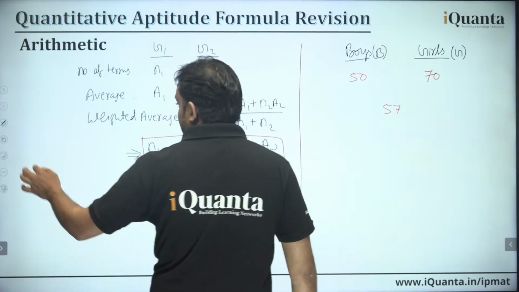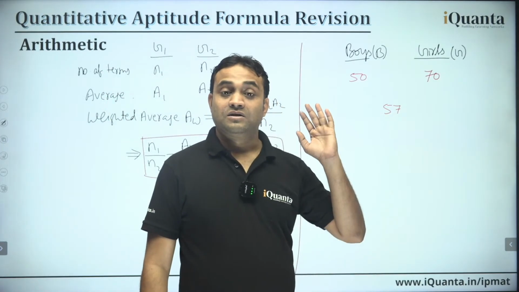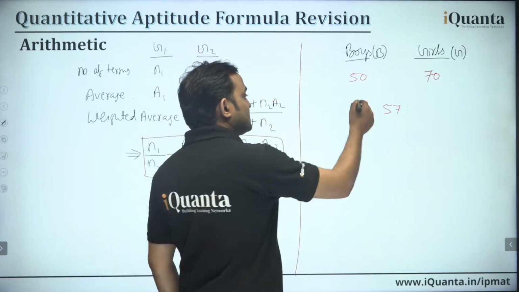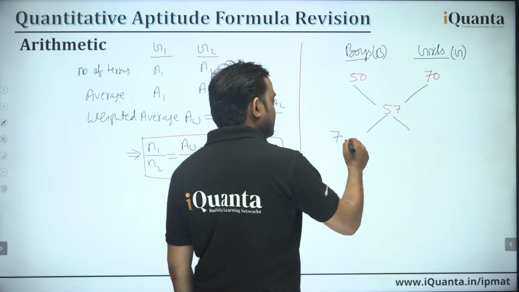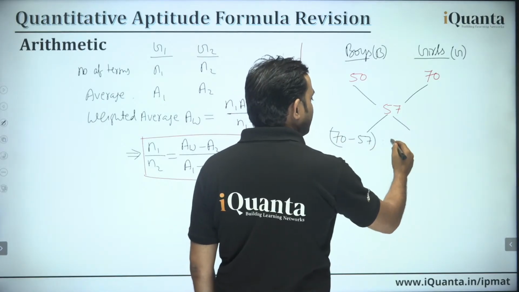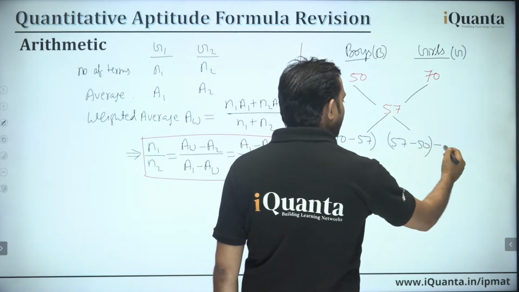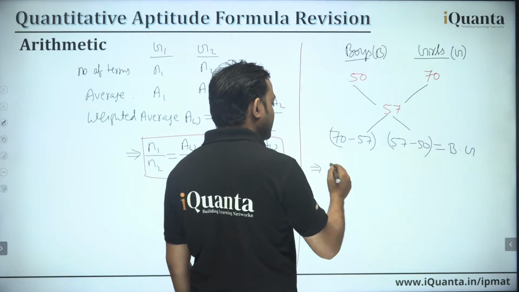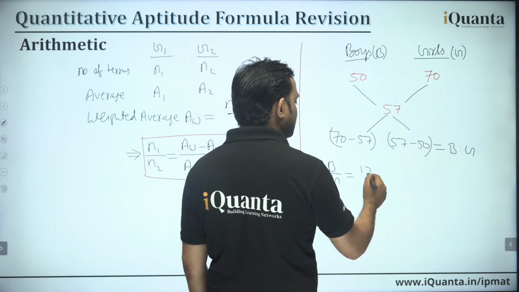Then what will be the ratio of total number of boys to total number of girls? In that case, we write it as 70 minus 57 is to 57 minus 50. This will be our ratio of boys to girls, or we can say B upon G will be equal to 13 upon 7.